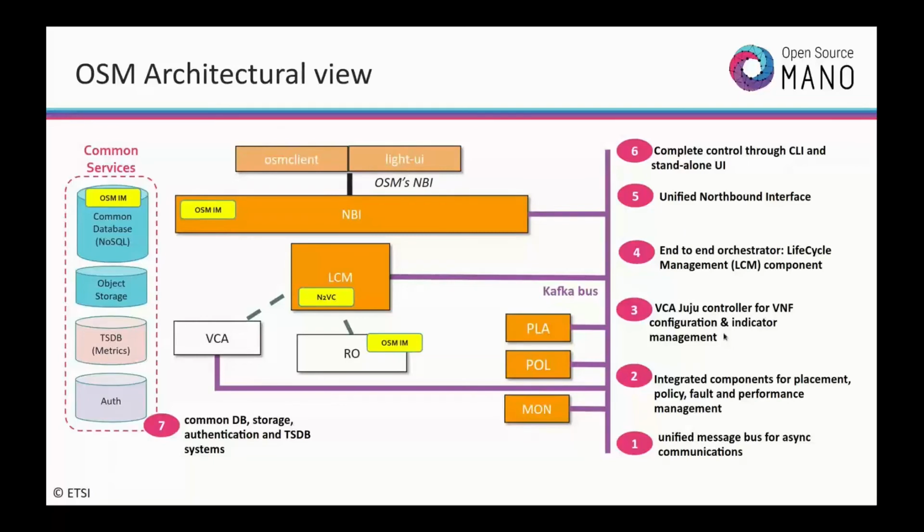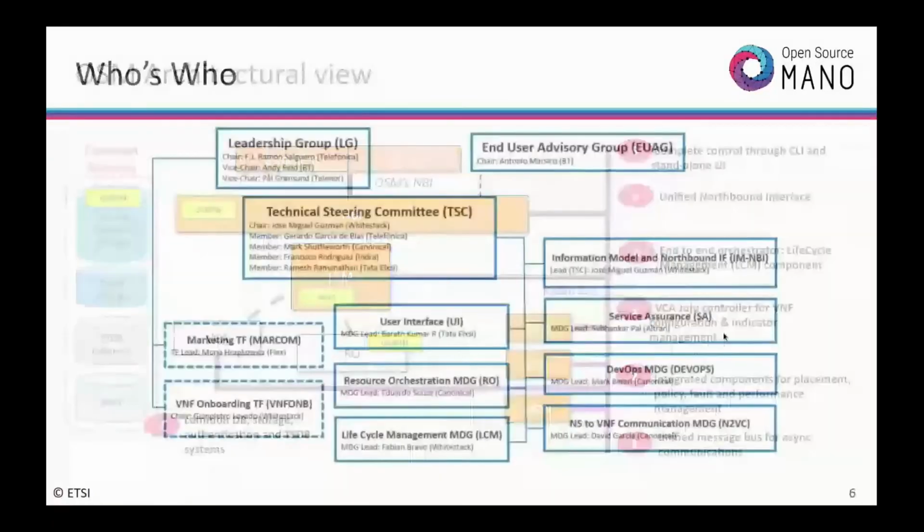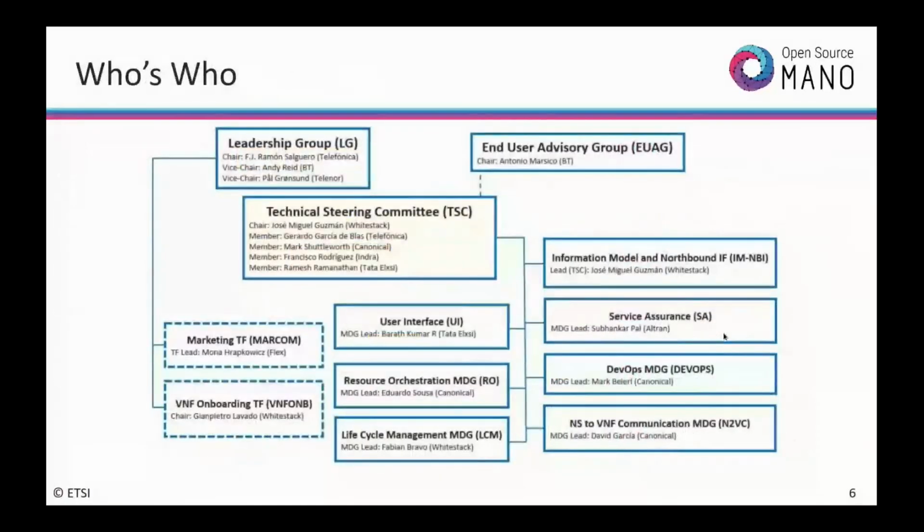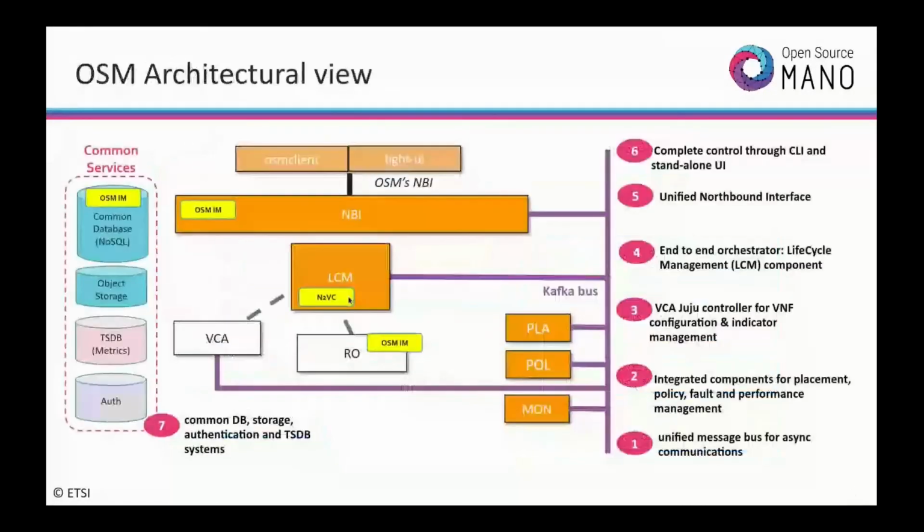A little bit of a breakdown now of who's who in OSM. So we saw, I'm going to go back here. I mentioned there's this LCM, this information model, a northbound interface, these services. A lot of these things have been broken down into what we call module development groups.